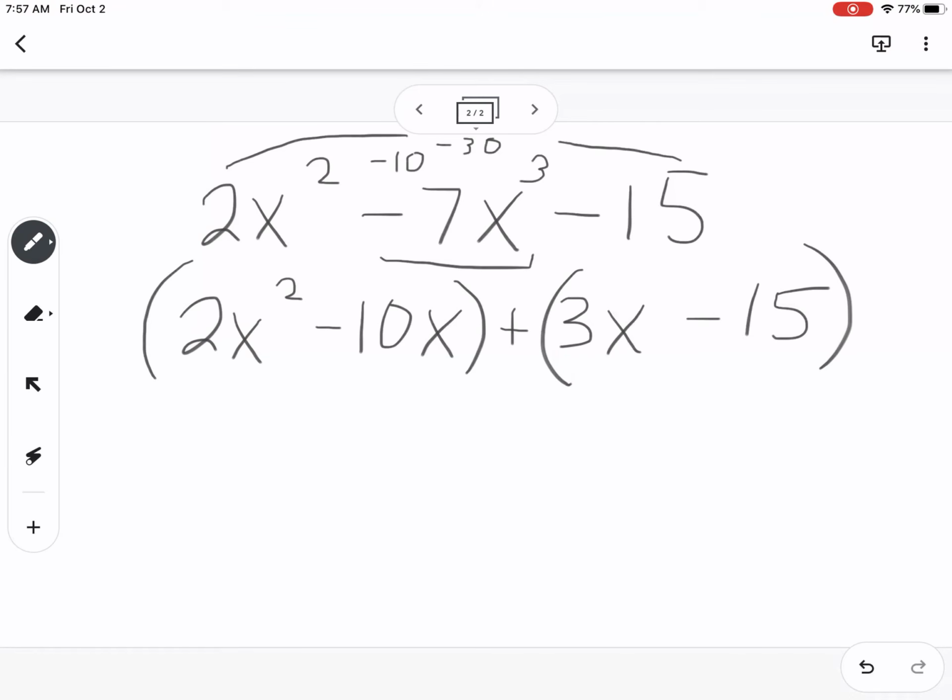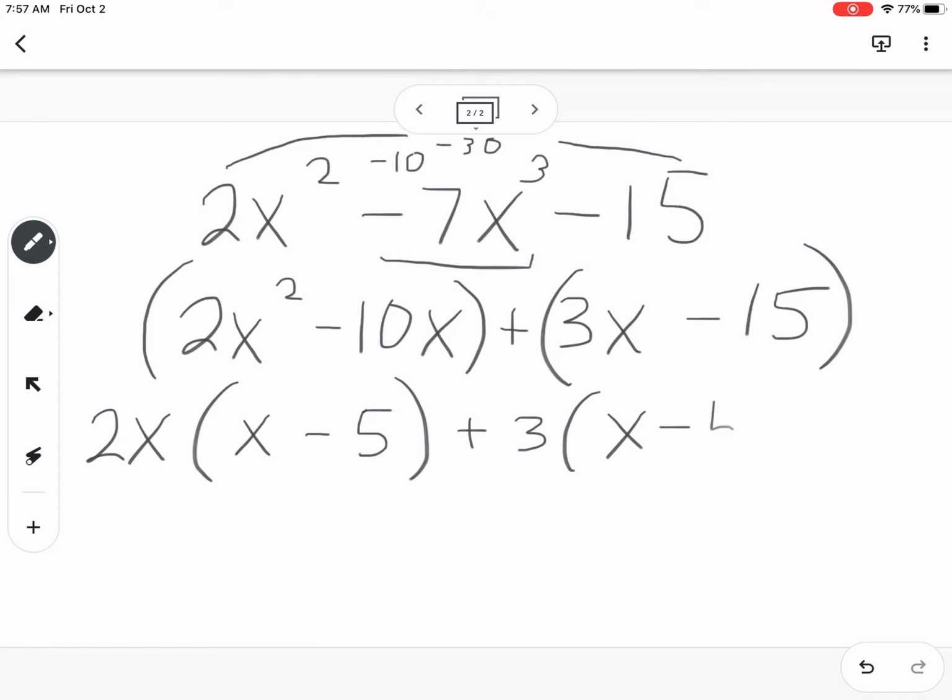So then we pull out the greatest common factor of each parenthesis. So in this first parentheses, 2 and 10, we can take out a 2, and they both have an x. So we're going to take out a 2x, and we're left with x minus 5. Now the second parentheses, 3 and 15, we can take out a 3, and we're left with x minus 5.